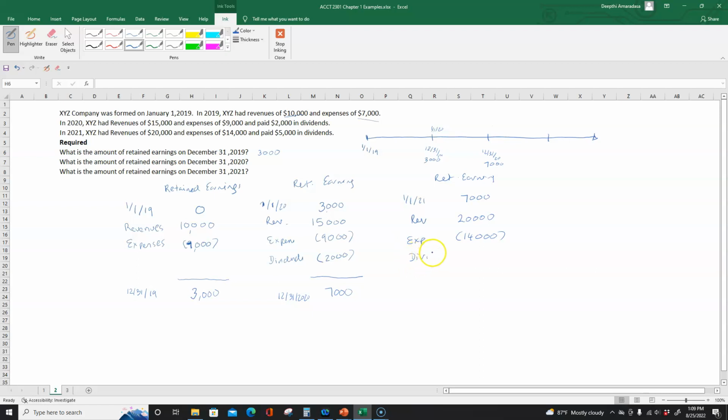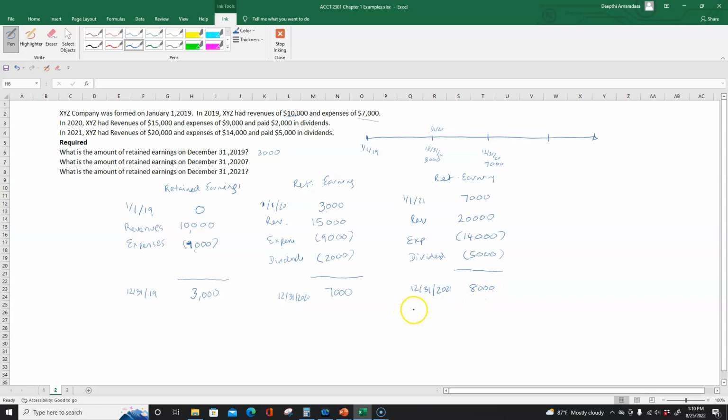We know that dividends have the effect of decreasing retained earnings, so I'm going to subtract that $5,000 as well to determine the ending retained earnings for 2021. Now, all I would do is combine these four numbers. Don't forget to subtract the numbers that are in parentheses, and you find that on December 31st, 2021, the retained earnings would be $8,000.